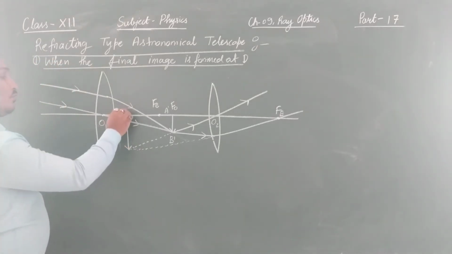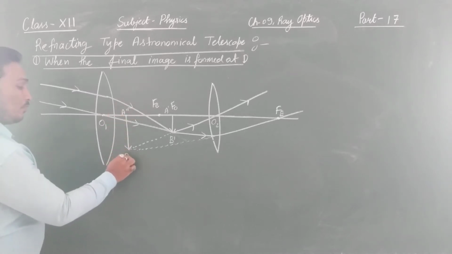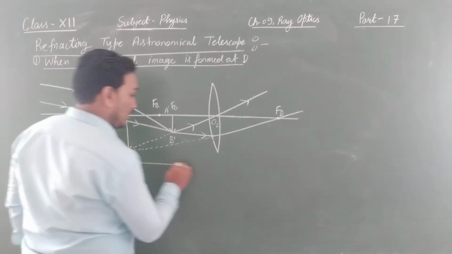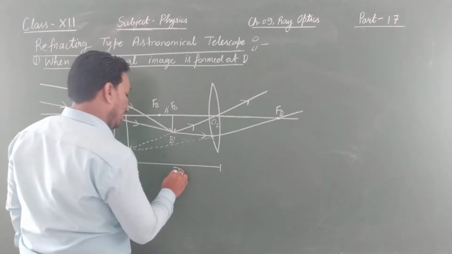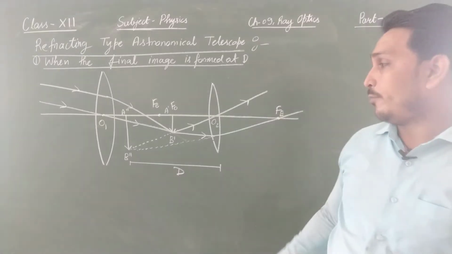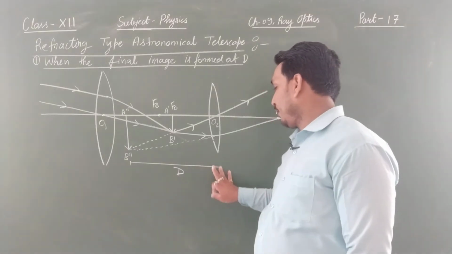So this image is going to be A double dash B double dash, and it is going to be at a distance capital D from the lens. That capital D has to be obtained.